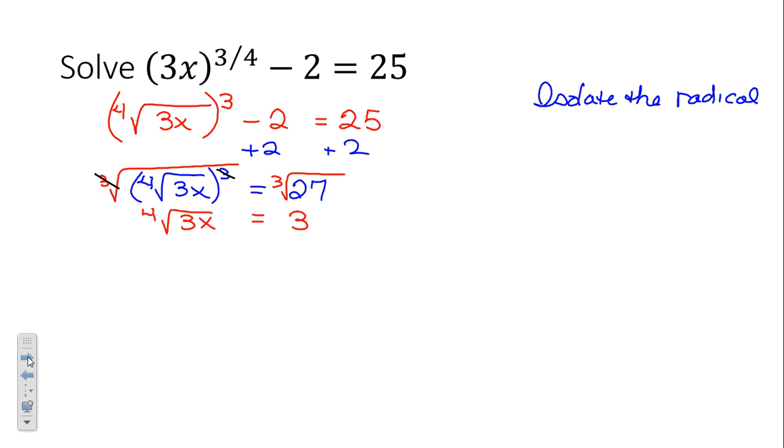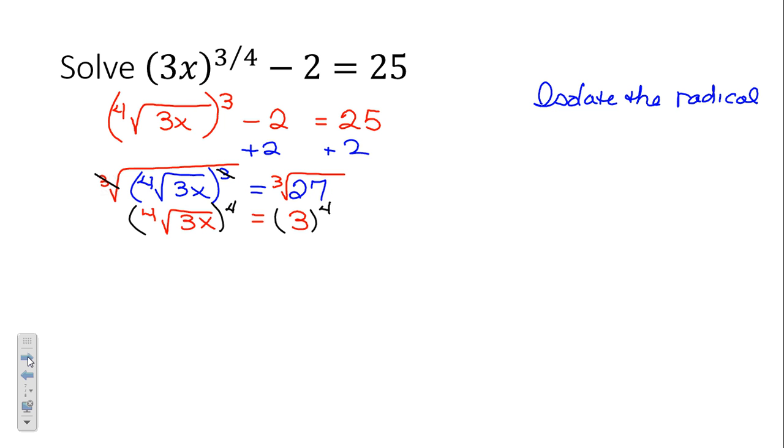What's the next step? How do we get rid of a 4th root? To the 4th power. Take them both to the 4th power. Whatever we do to the left, we have to do to the right. What do I get on my left-hand side now?